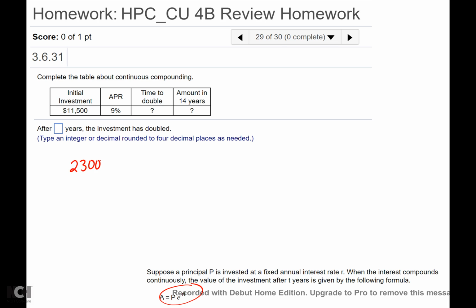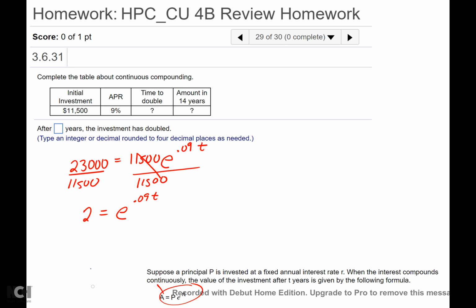So 23,000 would be my amount after doubling. 11.5 is my initial, times e to the 0.09t. So I'm going to divide by 11.5. 23,000 divided by 11,500, you get 2, equals e to the 0.09t.